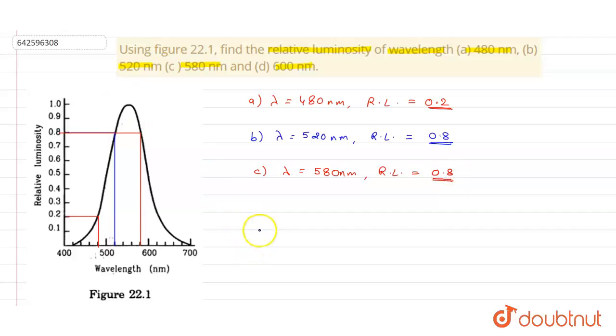Now for the D part, the wavelength is given as 600 nanometers. Now when the wavelength is 600 nanometers, this is 600.